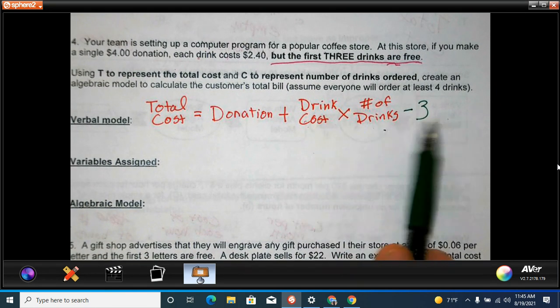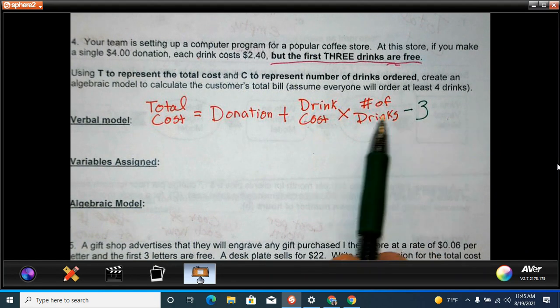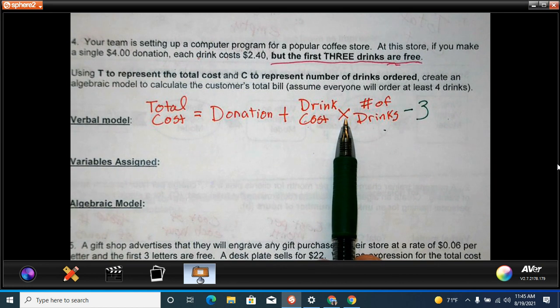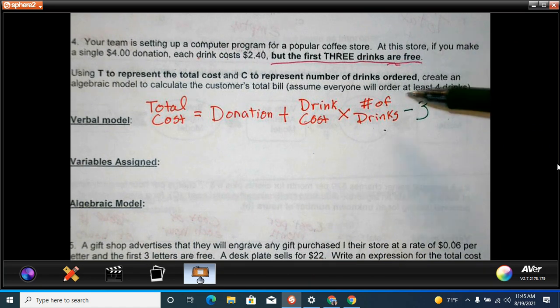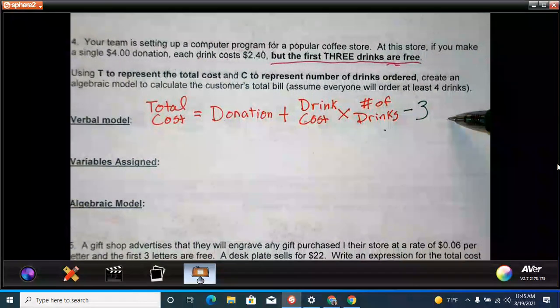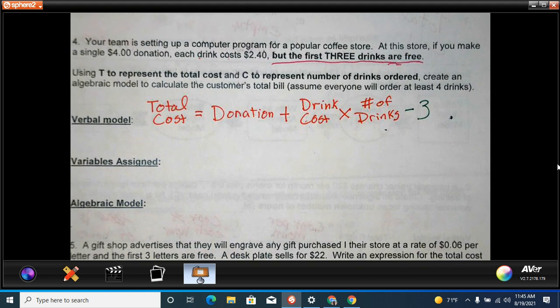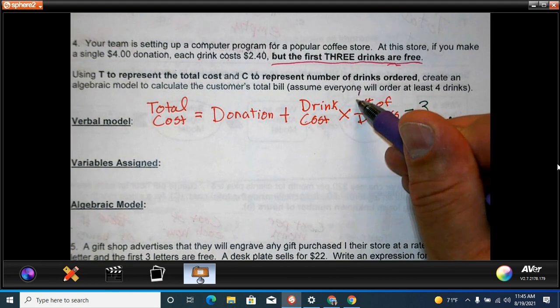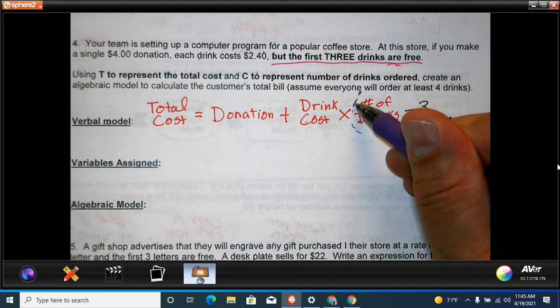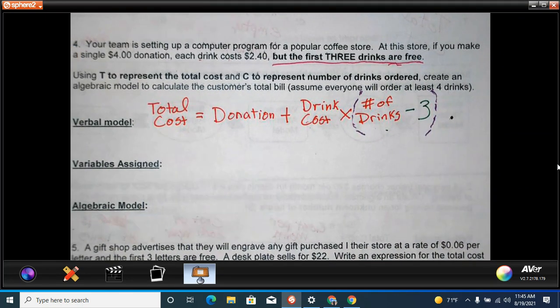What am I eventually going to need here? Anybody see it? I have a number being multiplied to 2 terms. Parentheses, right? Eventually, somewhere down the line, I'm going to have to use the distributive property. Good.